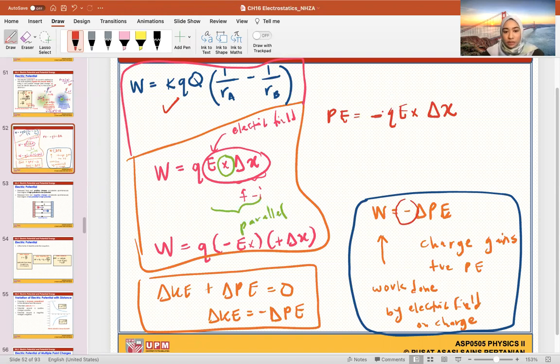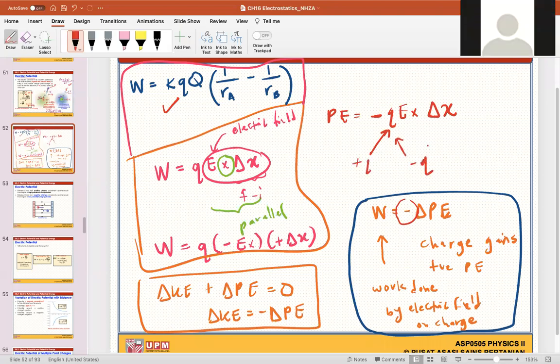I can use this equation directly if I have a positive Q or a negative Q. If I have a positive Q, assuming my Ex and delta x are both positive, then my PE is negative. If my Ex and delta x are positive and my test charge is negative, then my PE will be positive, sorry.